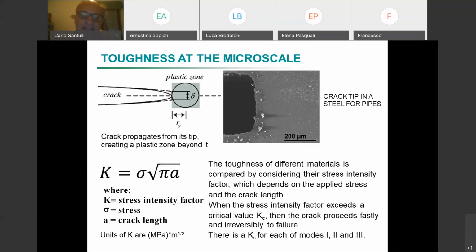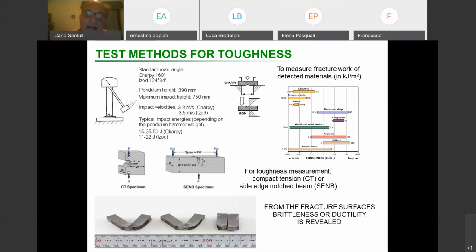Again, there is Kc for mode 1, mode 2, and mode 3. Usually we test in mode 1. The most used one is mode 1 because, as always, it's the easiest of the three to perform. There are a number of test methods.